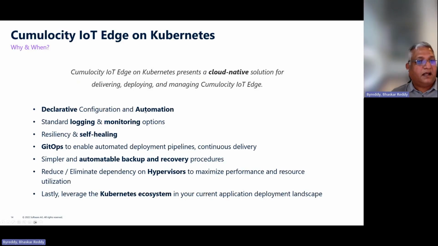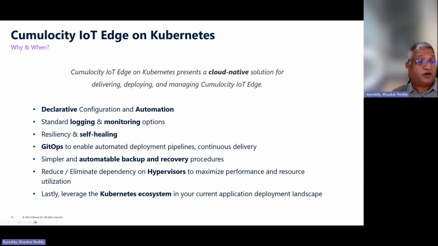You can automate, and you can also enable these configurations following the GitOps model, having the configurations stored, versioned, and kept in a repository, and you can enable GitOps to deploy and update edges.